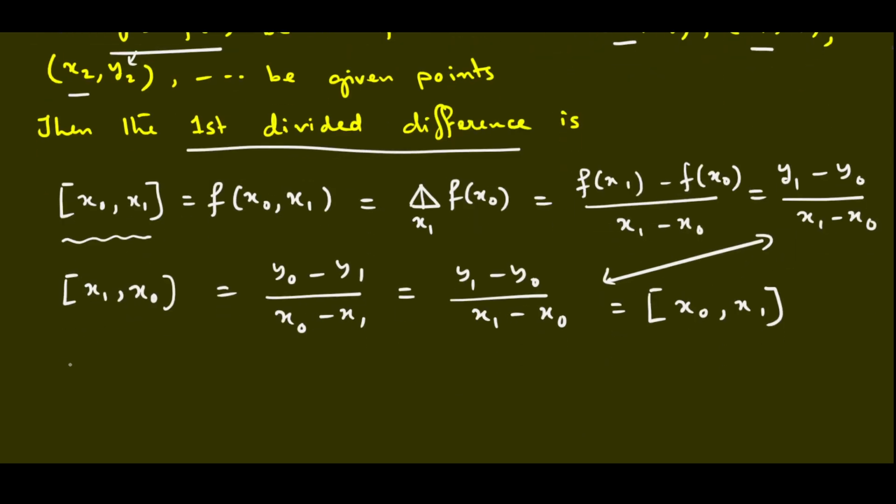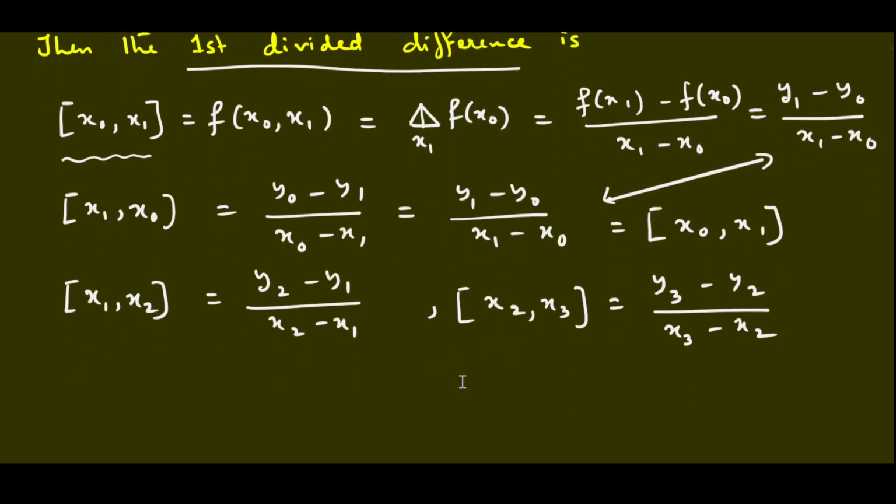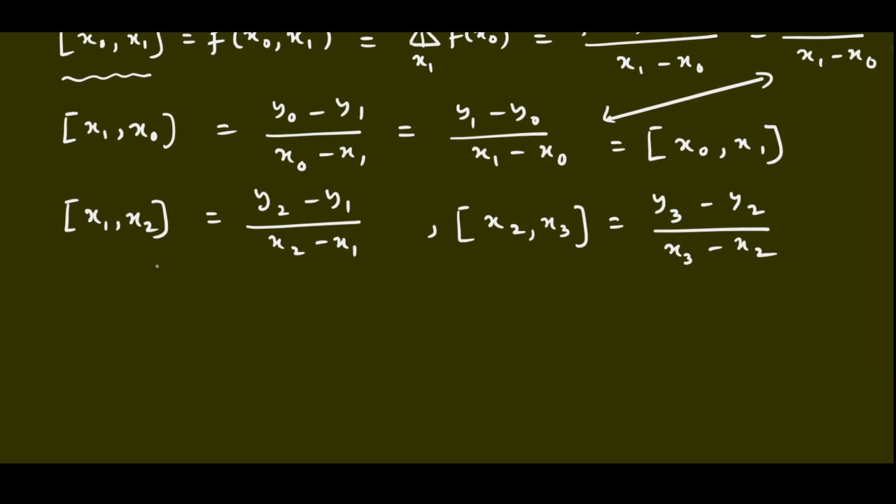If we want to write the first divided difference between x1 and x2, the formula will be y2 minus y1 divided by x2 minus x1. Similarly, for x2, x3, it will be y3 minus y2 divided by x3 minus x2. Like this, you can write any first divided difference taking two arguments.